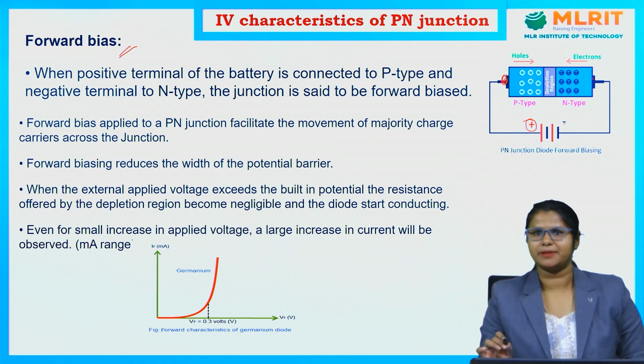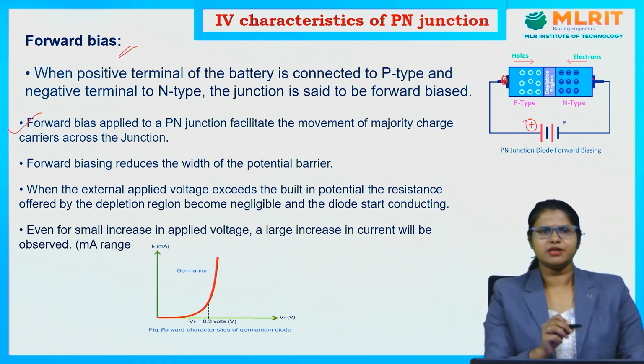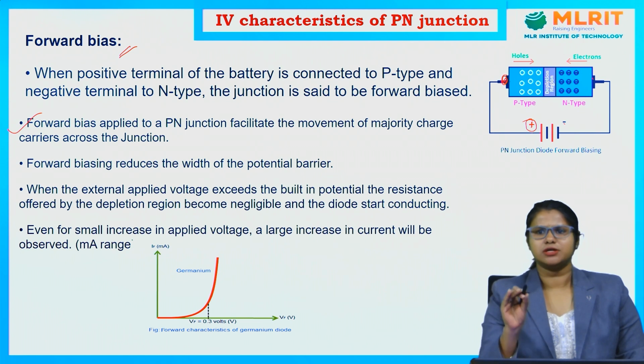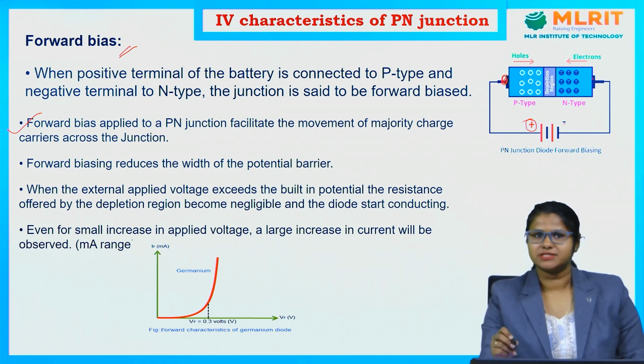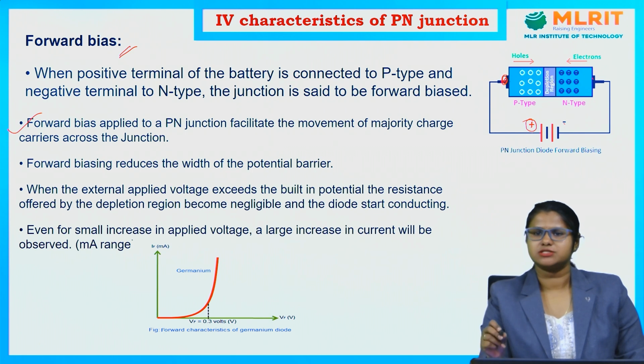So what happens here? When we give forward bias to the PN junction, it facilitates the movement of majority charge carriers across the junction. As I told, in P-type semiconductors holes are the majority charge carriers and in N-type semiconductors electrons are the majority charge carriers.